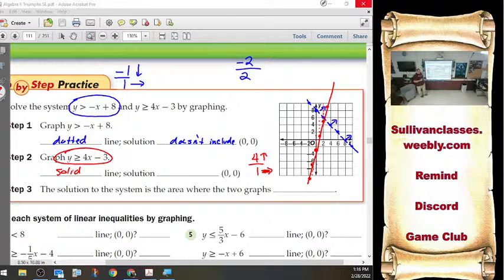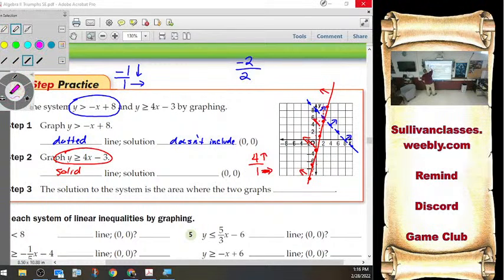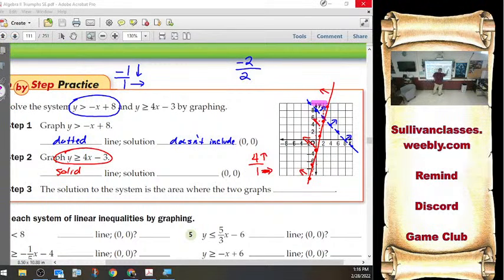And it says y is greater than this line. Greater than is above the line. Ooh, you do the top. So where they're all pointing is that itty bitty little soul patch up at the corner. Right there. Okay.